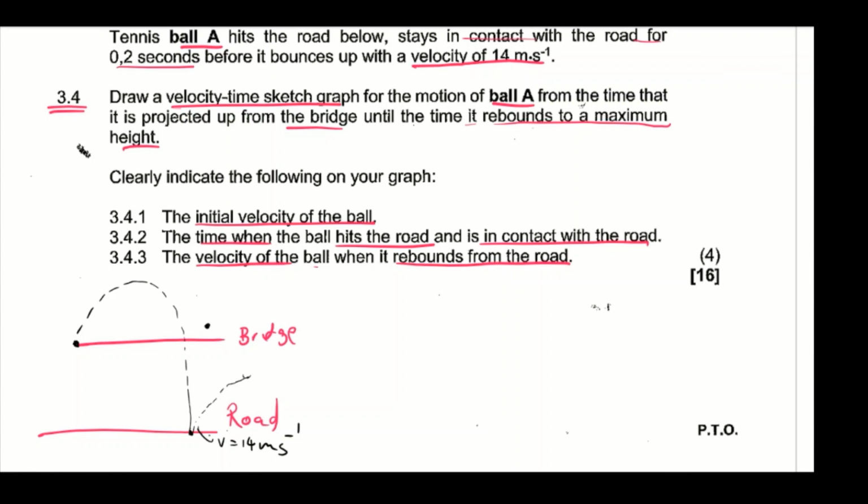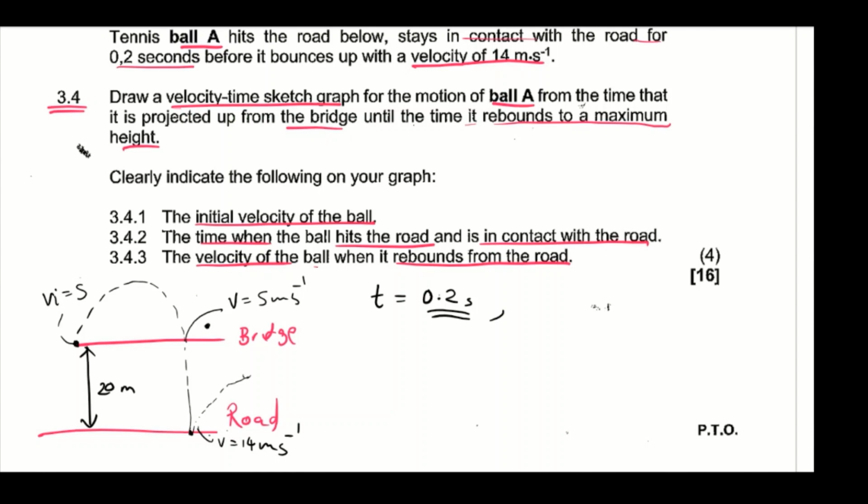So we're going to take the time: we know that it was in contact with the surface for 0.2 seconds. Another thing is the initial velocity. The v initial here was 5 meters per second, and we know the height of the bridge is 20 meters.